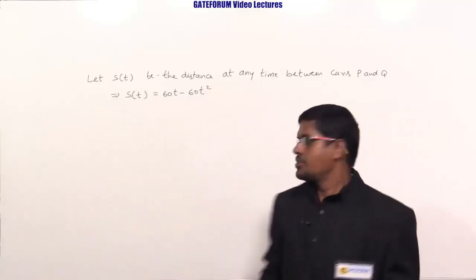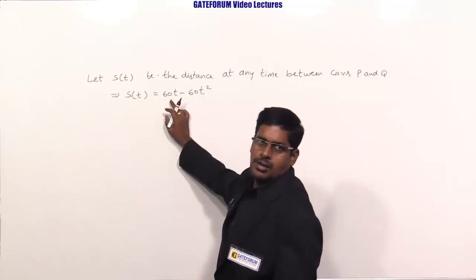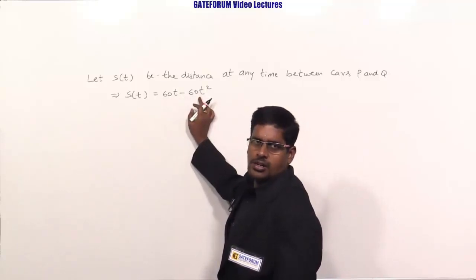So this is the distance of the car P, this is the distance of the car Q.